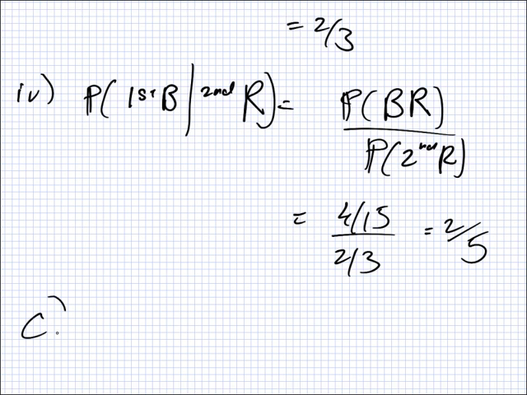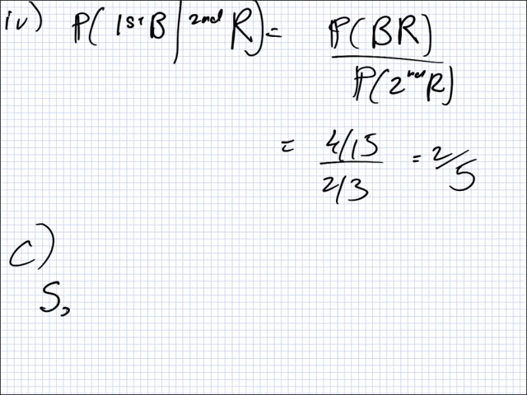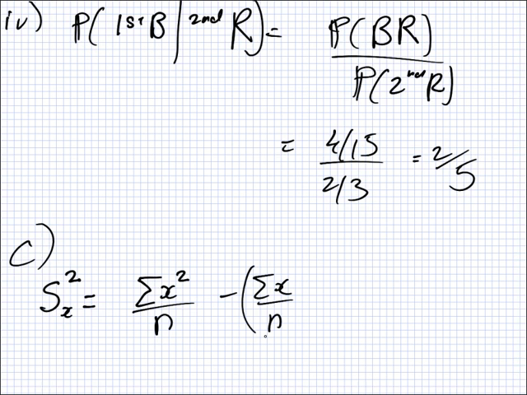C. So you have some data, and the first question is find Sx squared, which is sum x squared over n minus sum x over n squared.